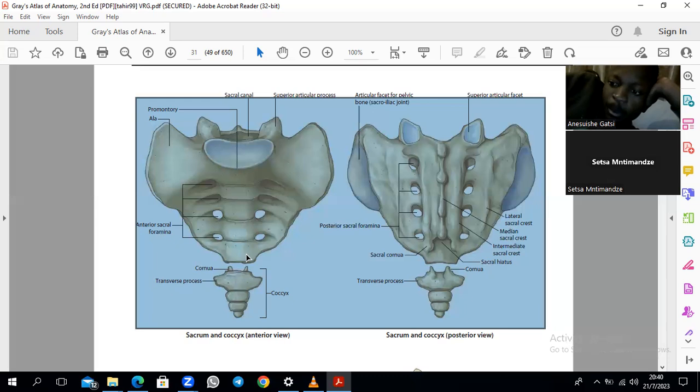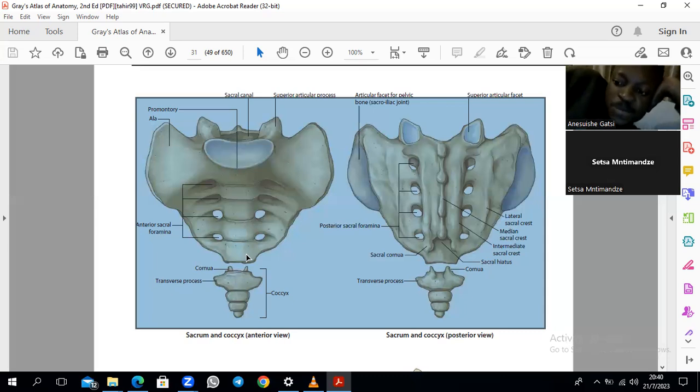I don't know how I can best explain it. There's a lot. But for males, it's longer and it's narrower. Females, it's short but wide. The same thing that you use when you describe the clavicles, when you do your upper limb.